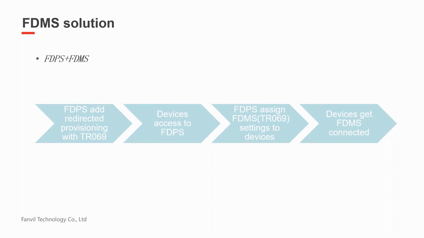Then when the devices first run with the default settings, they will access FTPS, and FTPS will send the redirected FDMS settings to the device.